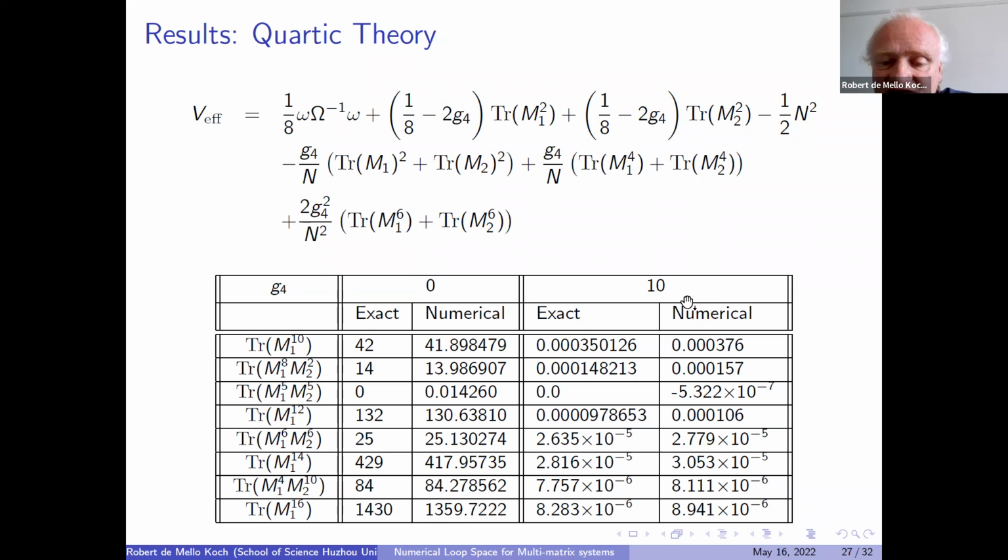And with a coupling strength of 10, the exact value is 8.28 times 10 to the minus 6. We're getting 8.9 times 10 to the minus 6. And for smaller loop lengths, things still look pretty good. And I've just shown you the quartic theory here, but we studied a number of different theories, and this is pretty typical of the results that we see.